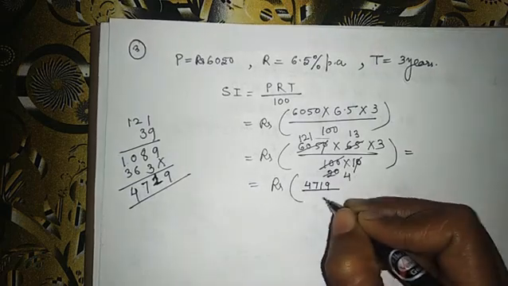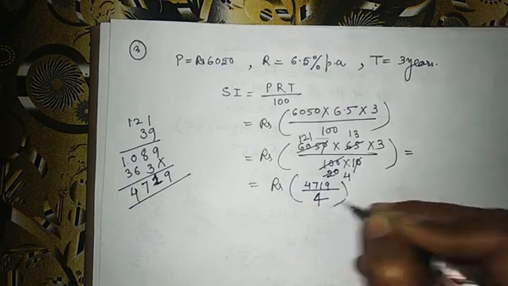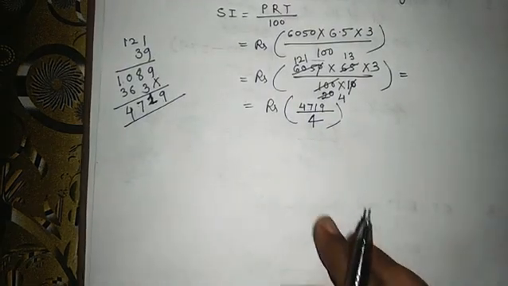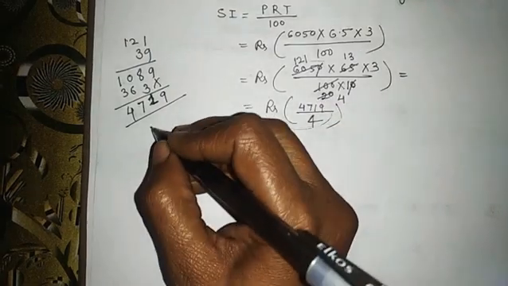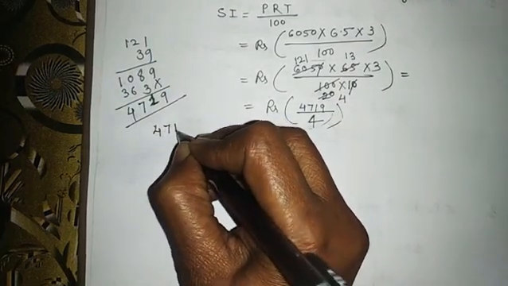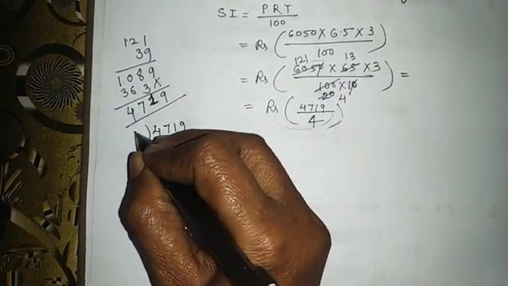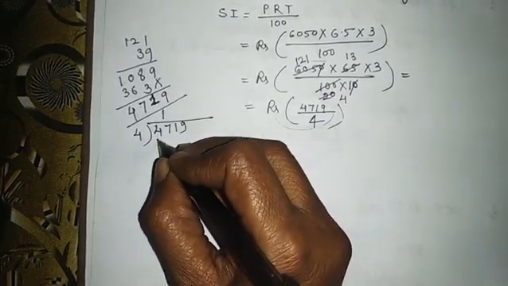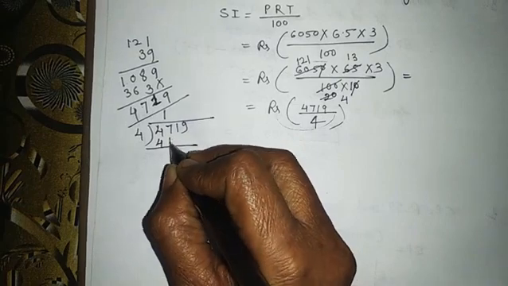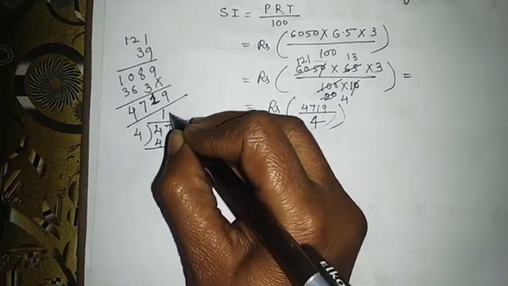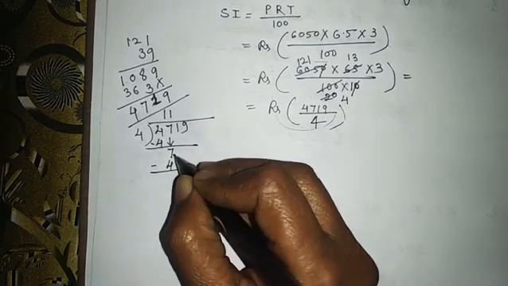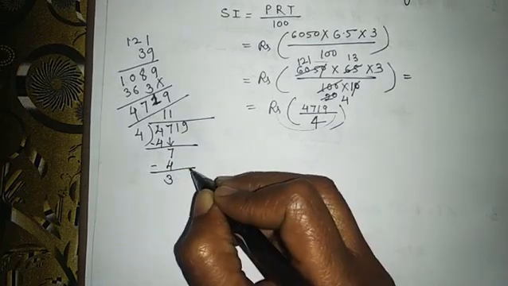4719 divided by 4. Now we will divide this 4719 by 4. 4 ones are 4. Here we will write 7. Again 4 ones are 4. 7 minus 4 is 3.